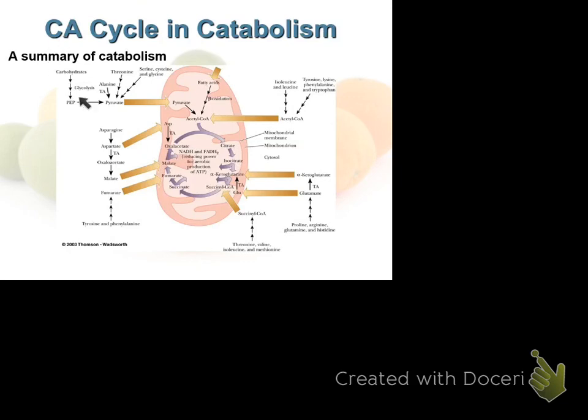I really like this because it's trying to show you how things get into the mitochondria, where the citric acid cycle occurs, versus in the cytosol. We have already talked about, for example, aspartate here with aminotransferase making oxaloacetate, and that was malate. That's malate dehydrogenase.